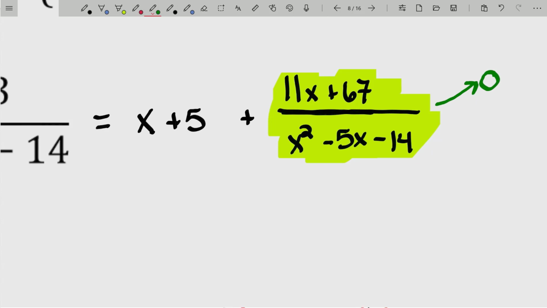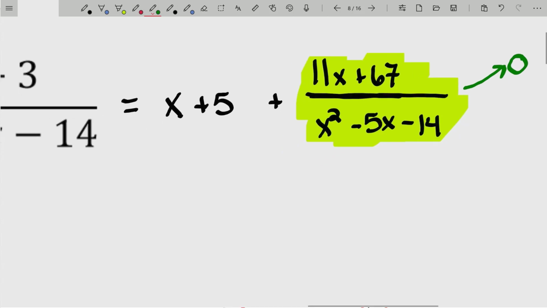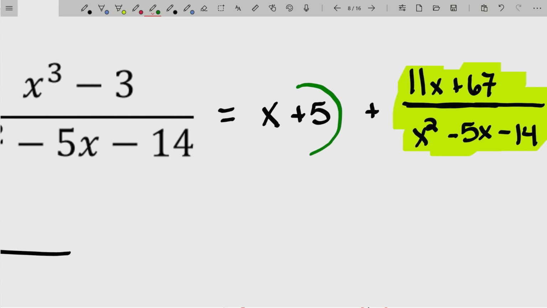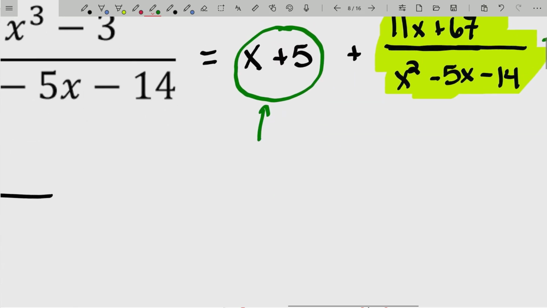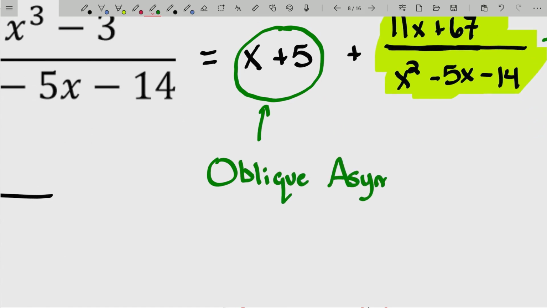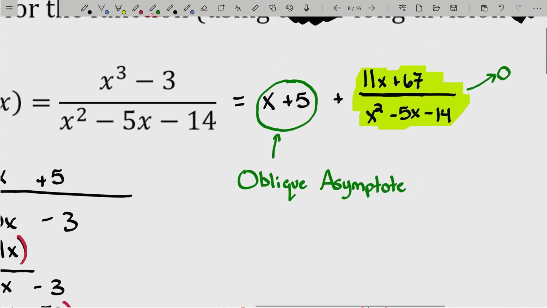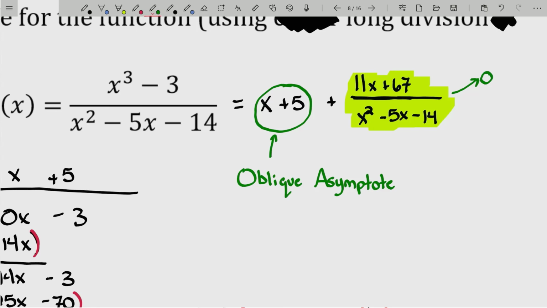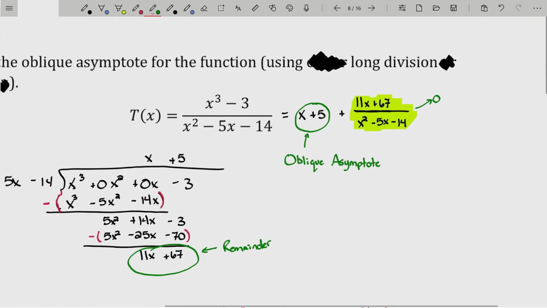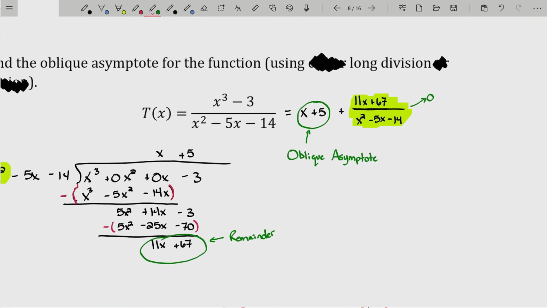It'll disappear as time goes on. What will remain is this. This is what we would call the oblique asymptote. Some people will call it the slant asymptote. I just call it the oblique asymptote because that's a broader statement. So the behavior of our function in the long run will mimic x plus 5.